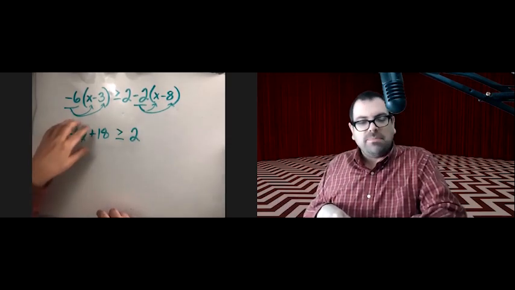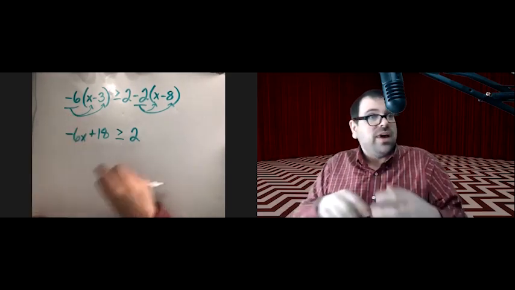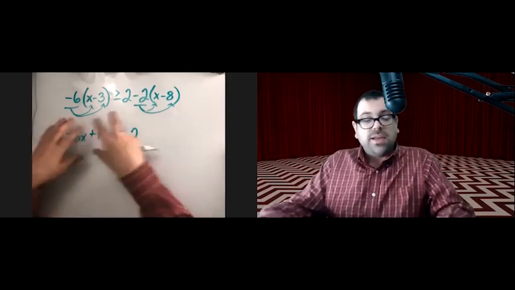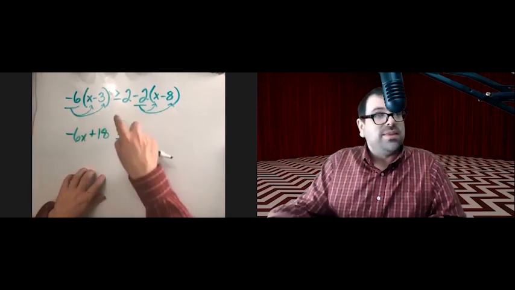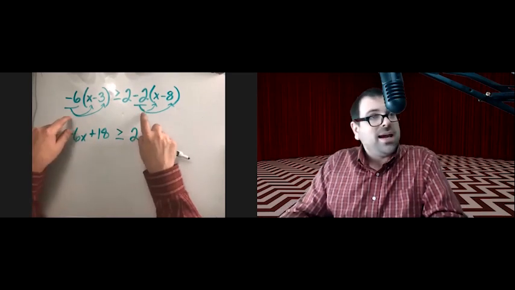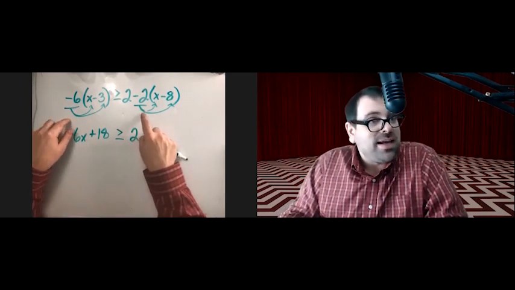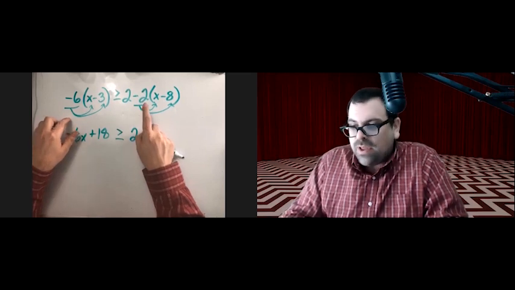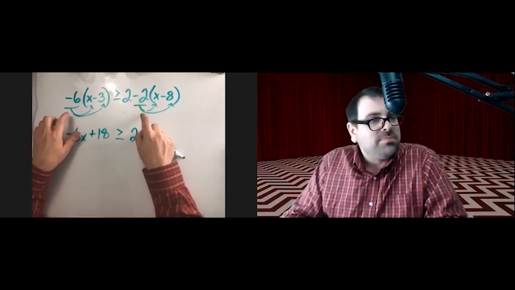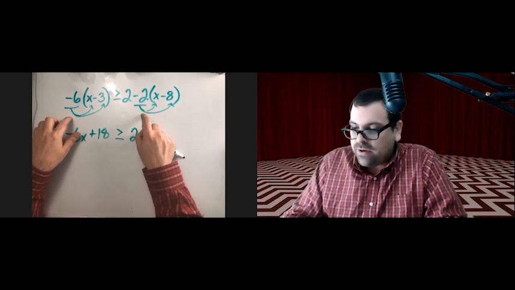If we're multiplying by a negative in the problem, we will divide to get rid of it. But here, we're not getting rid of the -6. We're getting rid of the parentheses. And we're not actually multiplying the same thing on both sides. So this isn't what we mean by multiplying both sides by a negative number.